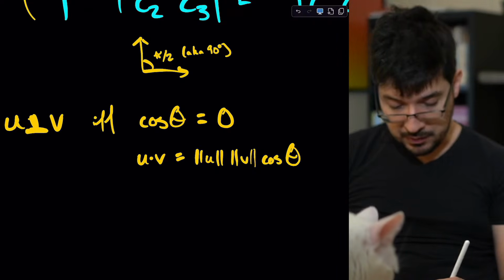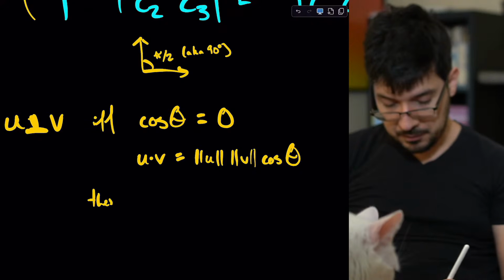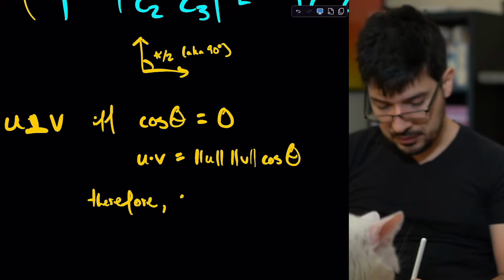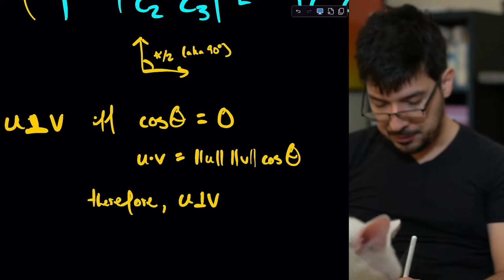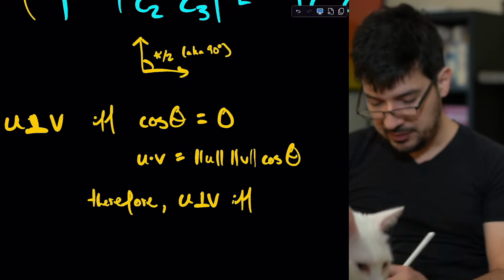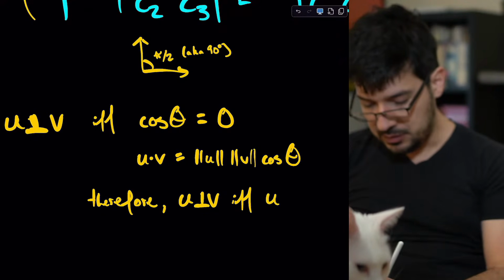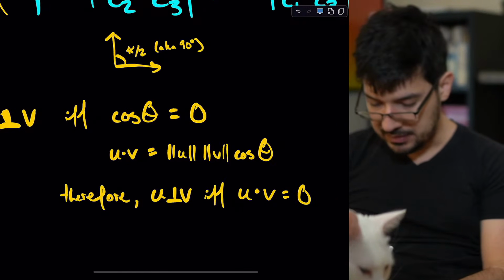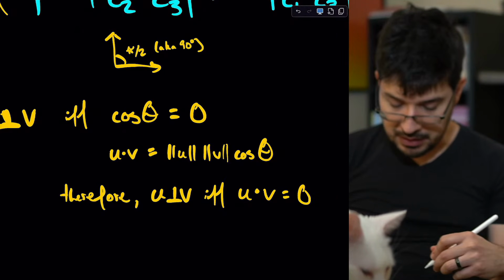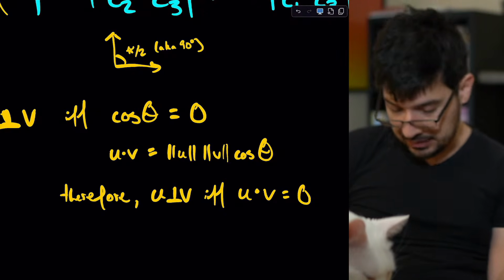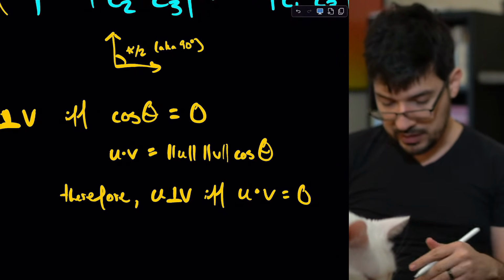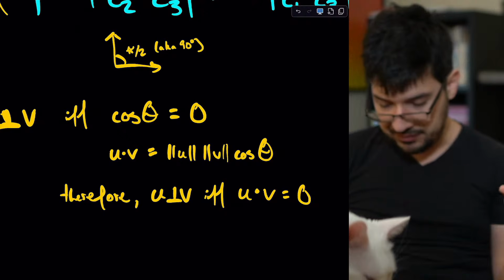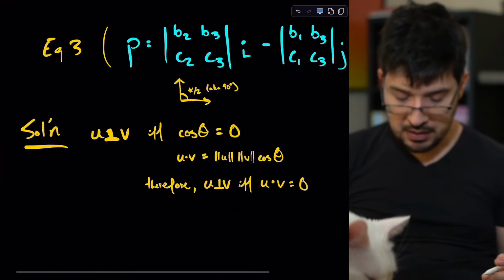So, therefore, u is perpendicular to v if and only if u dot v is equal to 0. You could pause and think about why that is true. But, I mean, cosine theta is 0, so whatever the lengths are, u dot v should be 0, right?